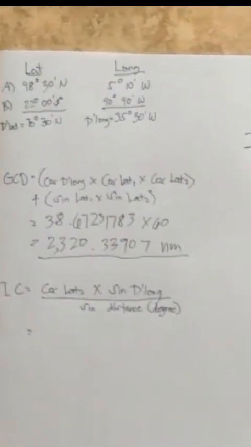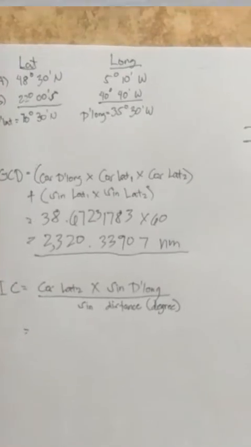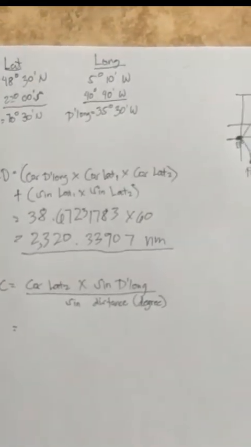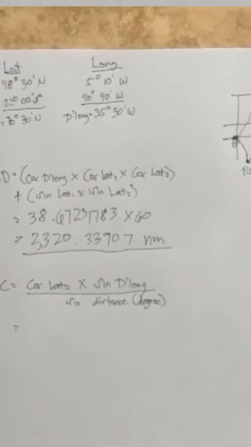This is the formula: cos lat 2 times sine d long over sine distance. Then you have to convert it to degrees. So we have to solve it.